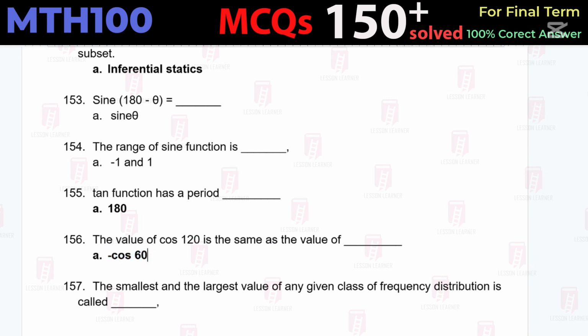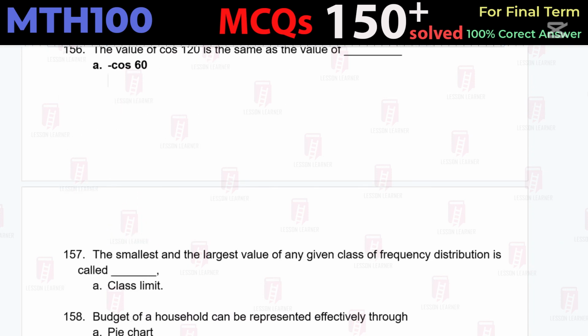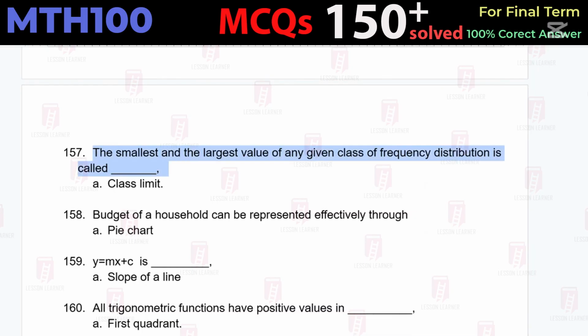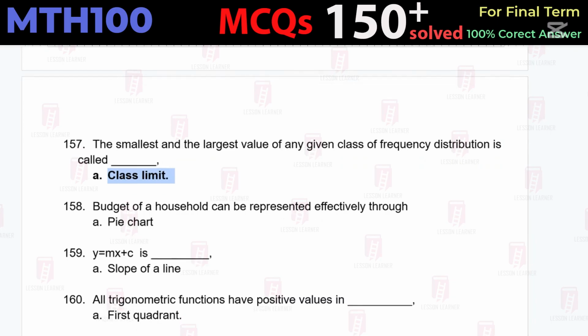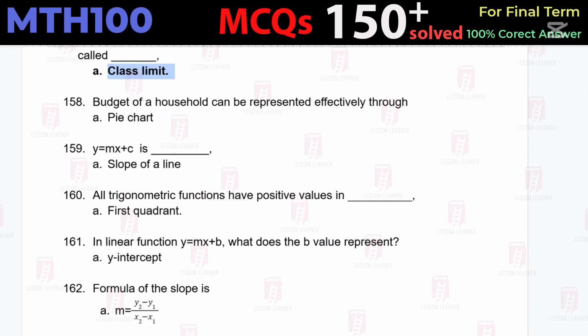The smallest and the largest value of any given class in a frequency distribution is called class limit. The budget of a household can be represented effectively through a pie chart.